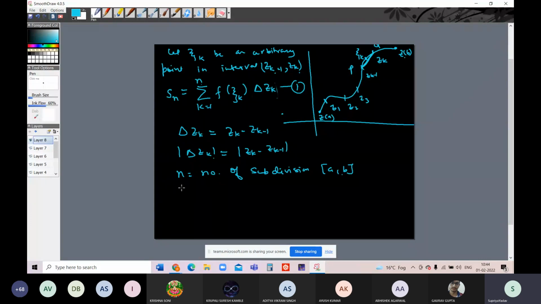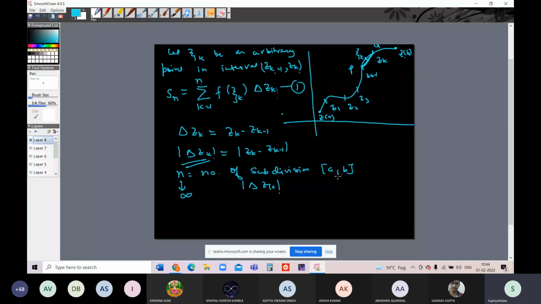For suppose that this n, the number of subdivisions of this interval, is approaching infinity. So what will happen to the length of the subinterval? What will happen if the number of subdivisions is tending to infinity? A and B form a bounded interval.